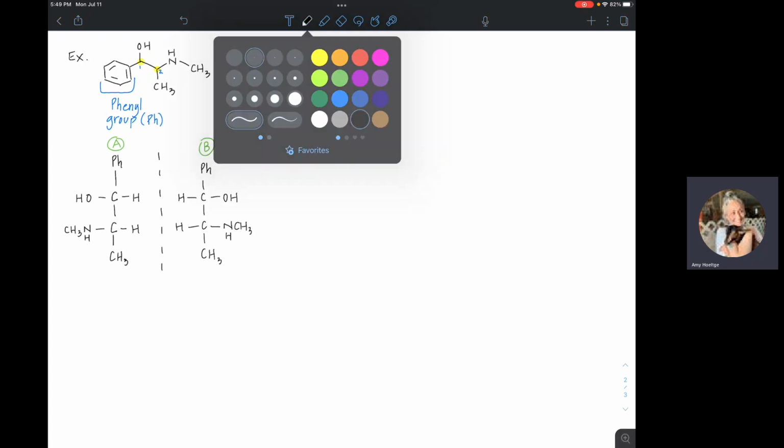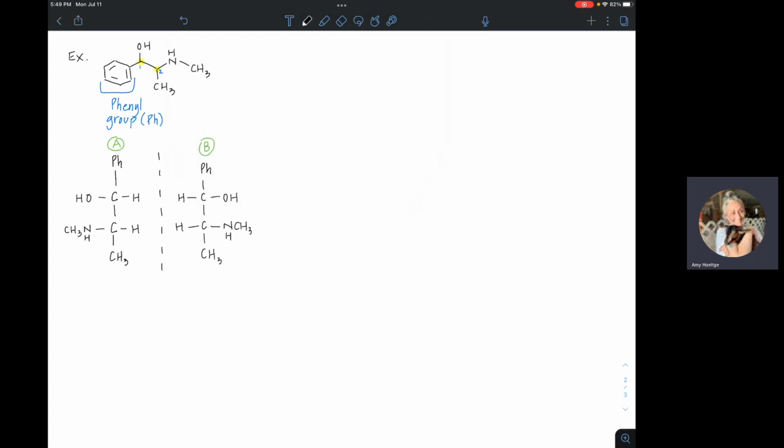We have structures A and B. Now, what I can do is I can flip around one of those carbon-carbon single bonds. I like to start on the top. You can start wherever you like. But after drawing a number of these over the years, I find that for me, keeping track of things is tough. So I flip one thing at a time, and you create your own system.